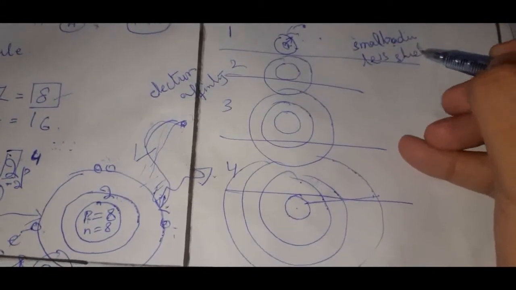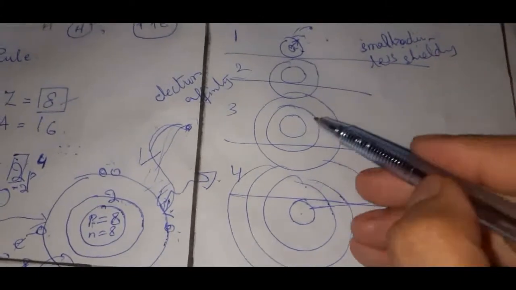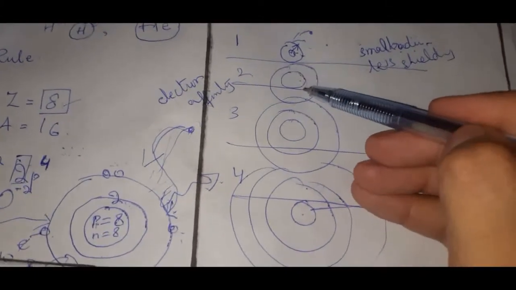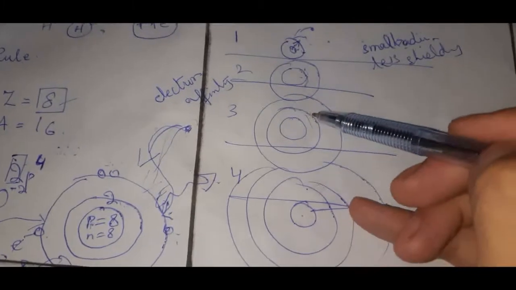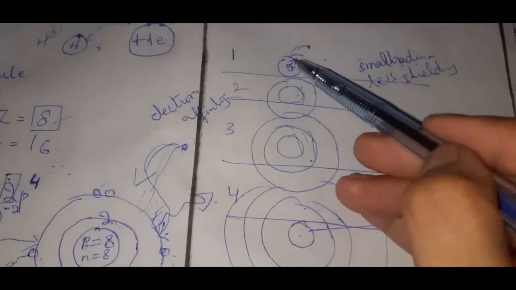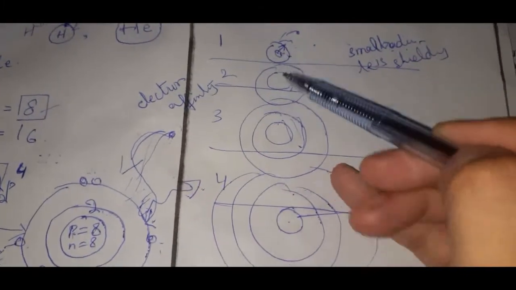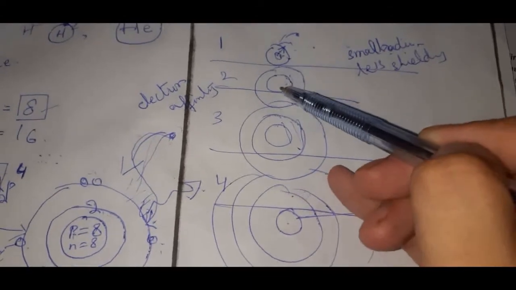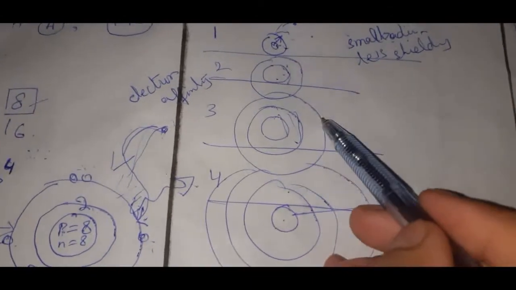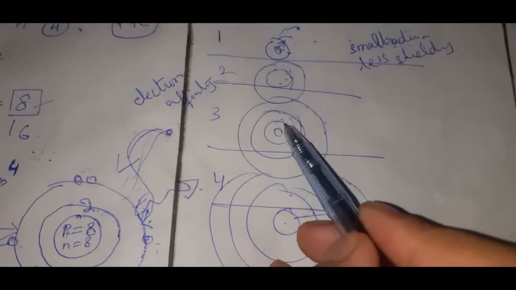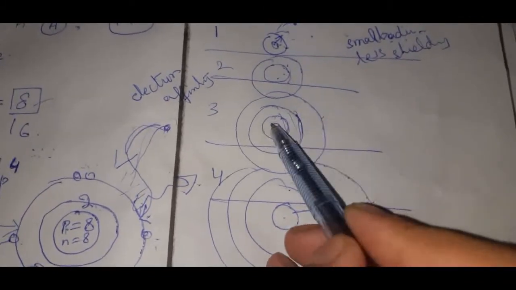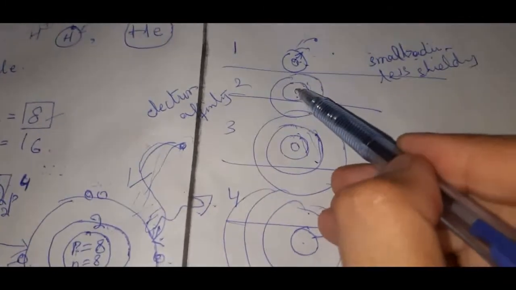Shielding effect means the presence of shells. So here is only 1 shell. There are 2 shells. That is, the shells in between the nucleus and the valence shell. This is the valence shell. It's the nucleus. So there are 2 shells between them. In this case, this is the nucleus and it's the valence shell.